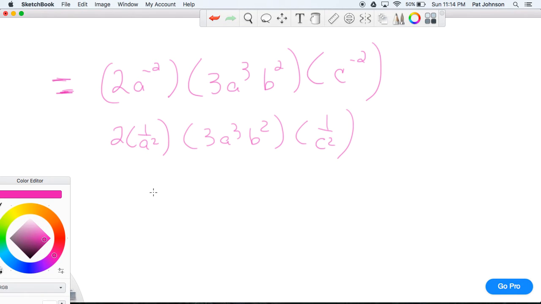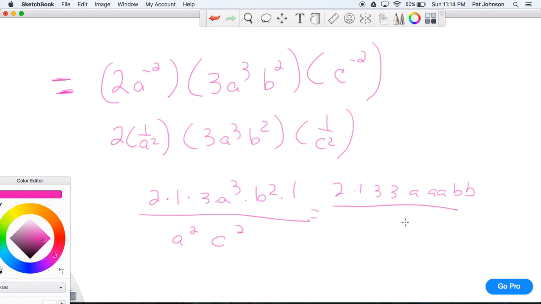Now this simply becomes 2 times 1 times 3 times a cubed times b squared times 1 all over a squared c squared. I just used fraction rules. Now, you can do 2 times 1 times 3 times 1 times a times a times a times b times b. I just used the commutative property, and I use the definition.